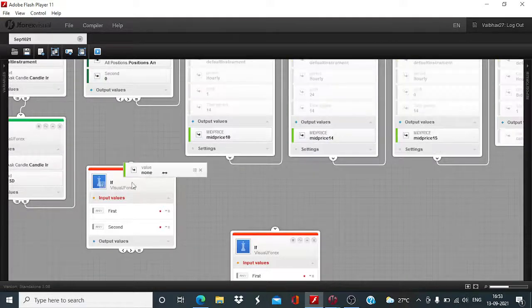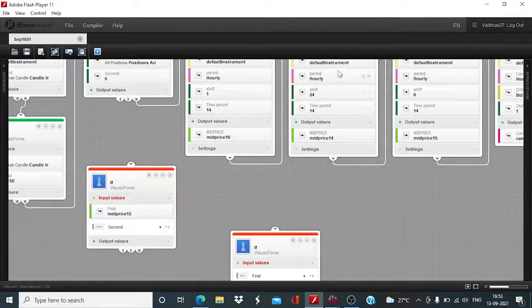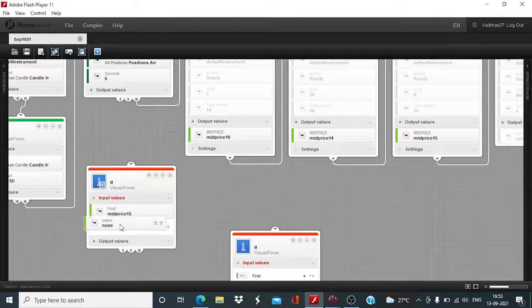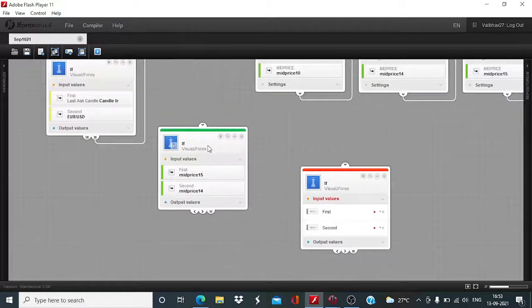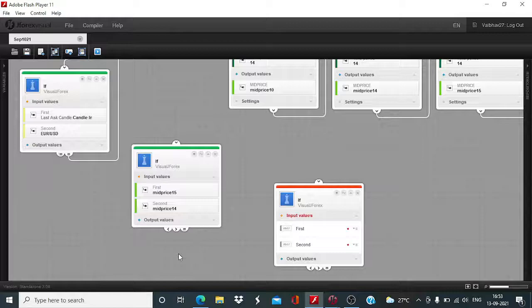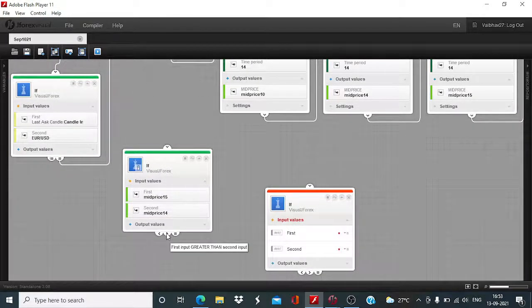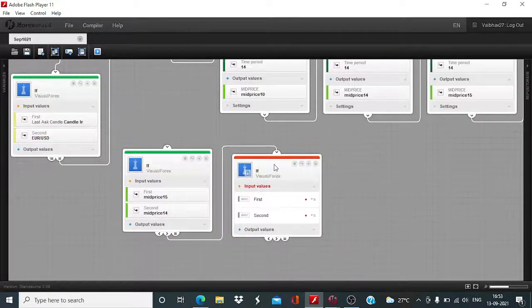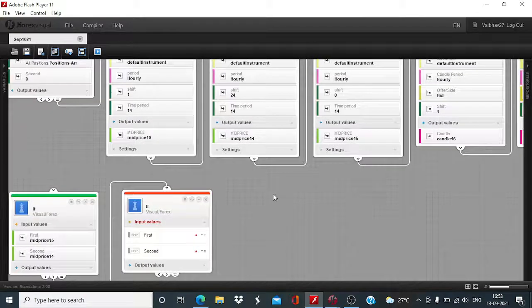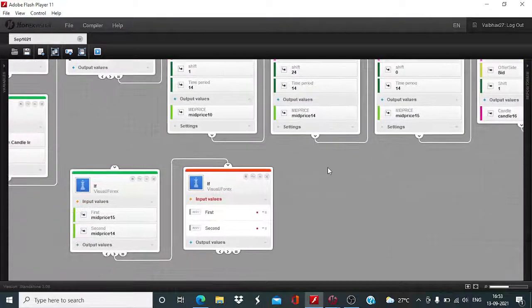So I take mid price 15 and mid price 14, and mid price 15 should be higher compared to the mid price 14. So we have here a comparison between the mid price for the current hour and the mid price 24 hours back.